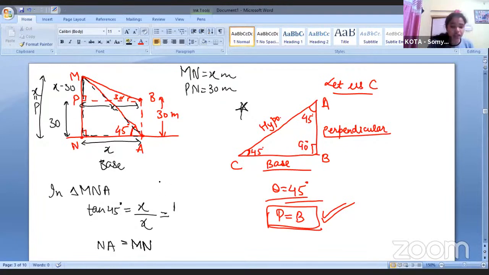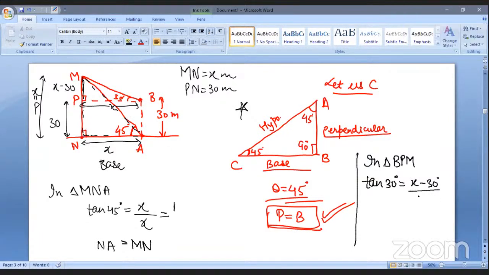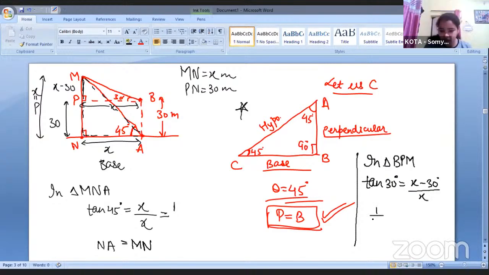And now in this particular triangle, if we apply in triangle BPM, tan 30 will be what? Tan 30 will be x minus 30 divided by x. Yes, x. So tan 30 is 1 by root 3.